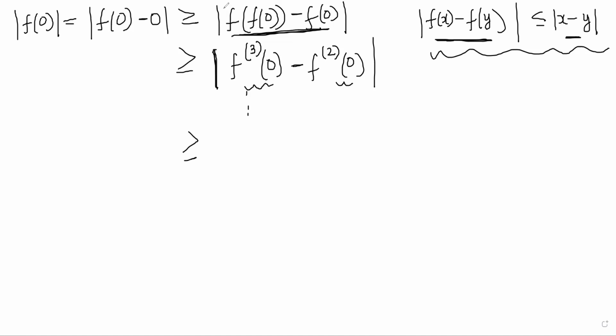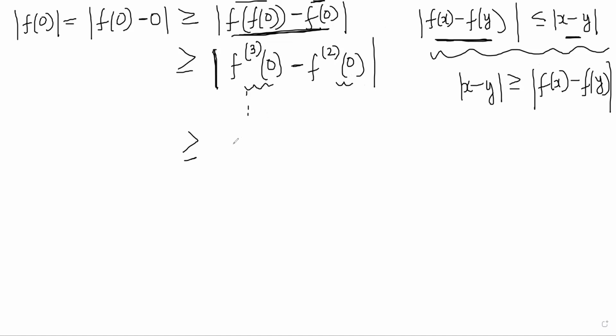Why? Because we have just added an f to both sides. We know that mod of x minus y is greater than or equal to mod of f(x) minus f(y). If you think of f(0) as x and f(f(0)) as y, you can say it will be greater than or equal to the difference of their images. So you keep adding f's and you'll keep getting inequalities.